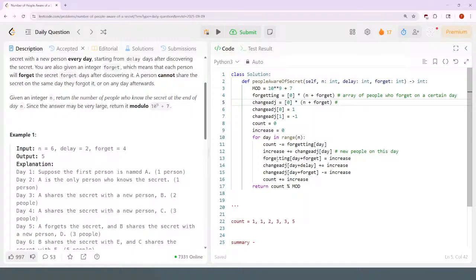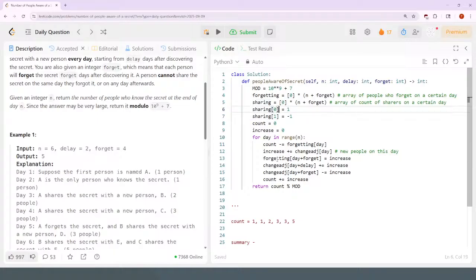And this change adjusts the, I guess I can call this array of sharing, count of shares on a certain day. In which case it does make sense that on day 0 there's going to be one person that is shared. Yeah, it makes sense that the starting points are going to be 1 and -1.